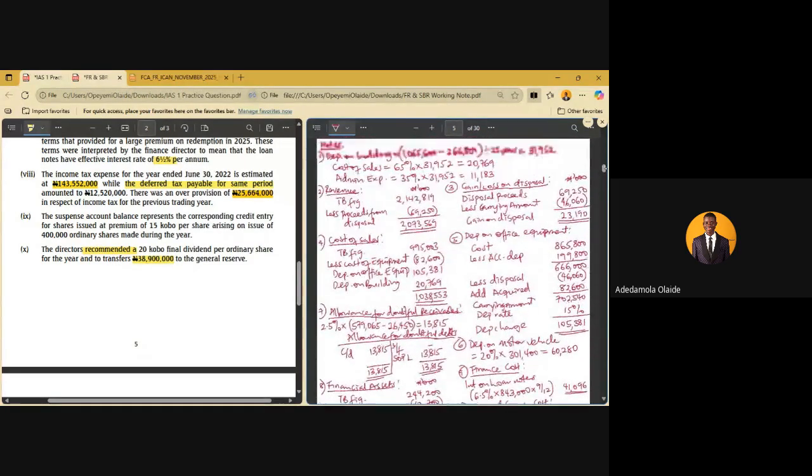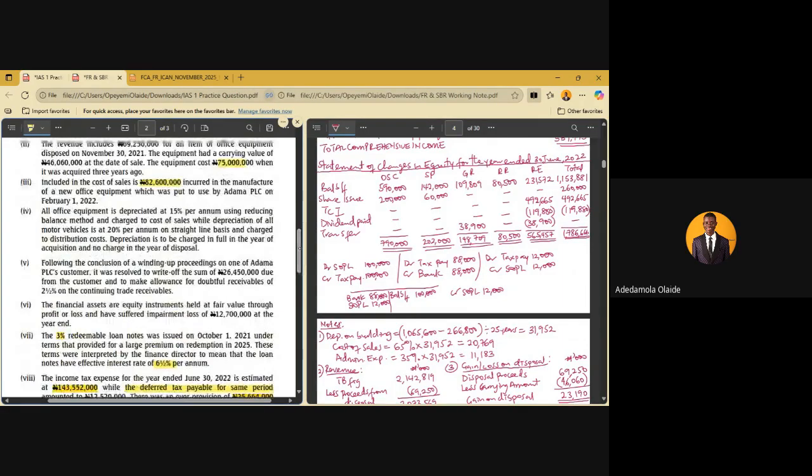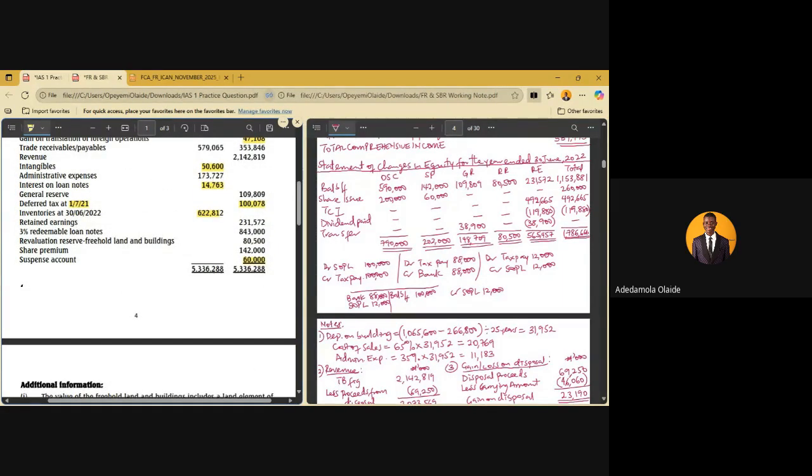Since they've made the payment during the year, what they should have done is debit tax payable with 12,000, then credit the income tax over provision account with 12,000, so that figure will be part of what we'll be having in our trial balance here.